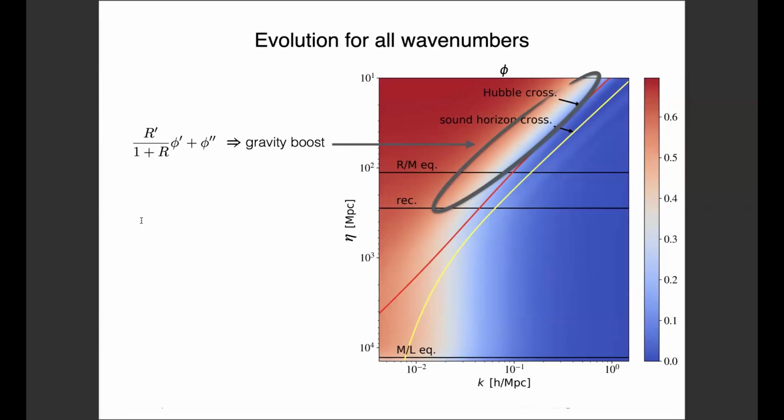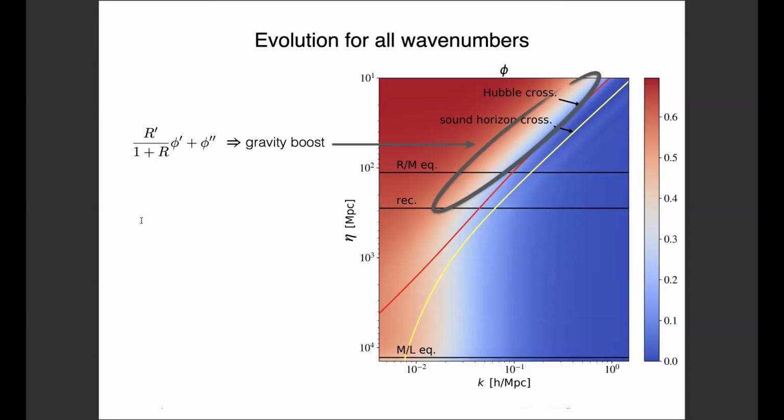So let me consider a mode that would be 10 to the minus 1. If equality takes place very early here, then the mode crosses the horizon during matter domination. And then phi will remain constant, meaning that this red region will extend to here. So the mode will remain always in a red region, will not see a big gradient of phi, and will not be enhanced by gravity boost.